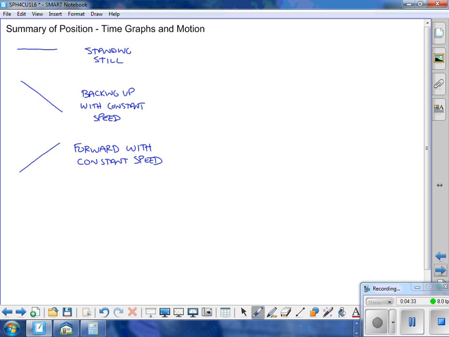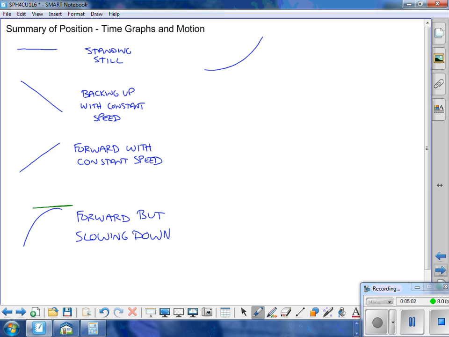And here's where it gets a little bit tricky, we just talked about this curve. So forward, but slowing down. That curve is becoming a horizontal line, so that means you're coming to a stop, or you're standing still. And the other one looks like this.